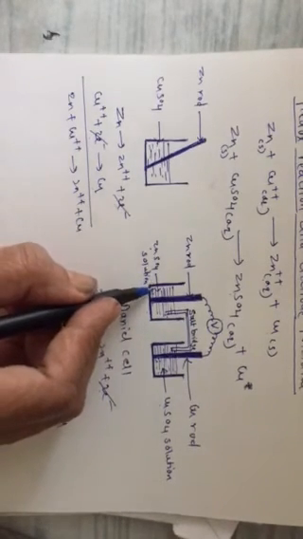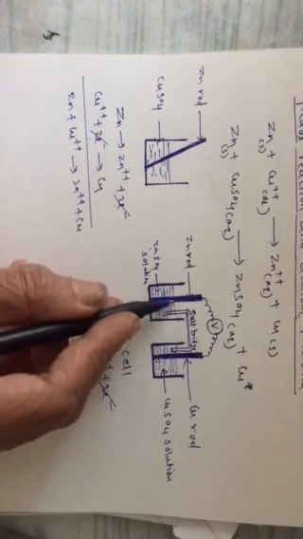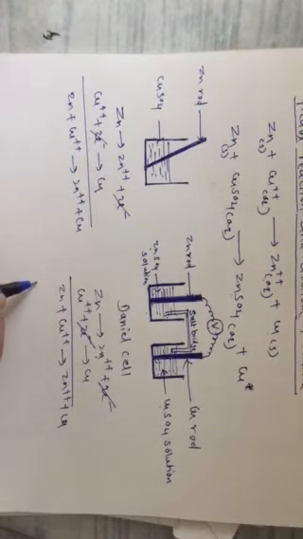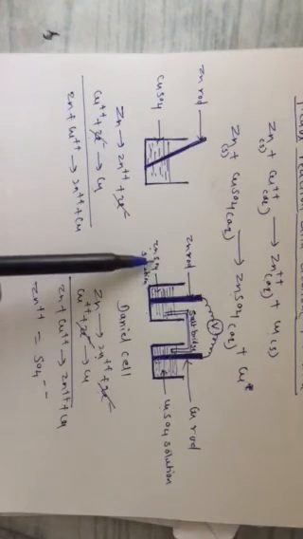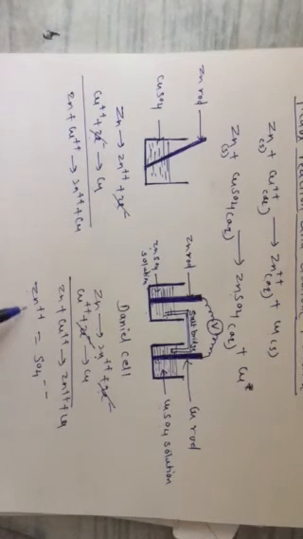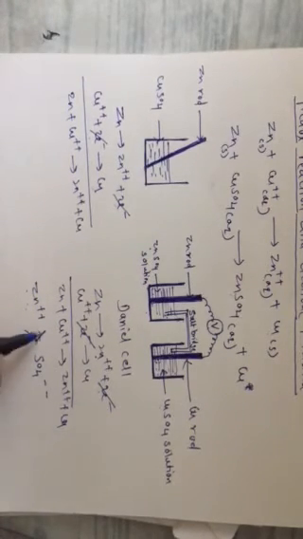In the beginning, when the two cells are not connected, in this container where zinc sulfate is there and the zinc rod is dipped, we have Zn2+ ion concentration equal to SO4 2− ion concentration, isn't it? Now what is happening when both the cells are connected? The zinc rod is going to develop Zn2+ ions, and they will enter the solution. So the concentration of Zn2+ ions will become more than SO4 2− ions. SO4 2− ion concentration will remain the same.